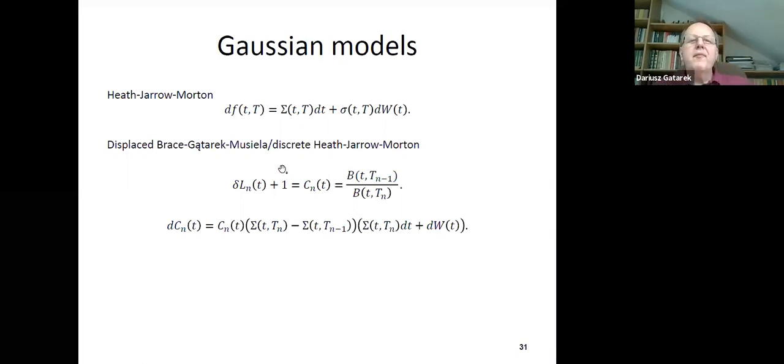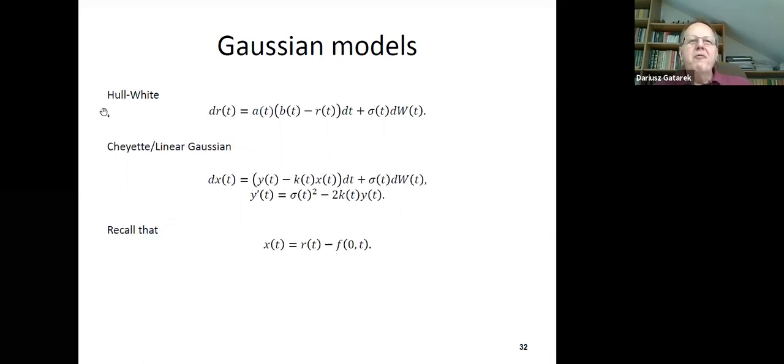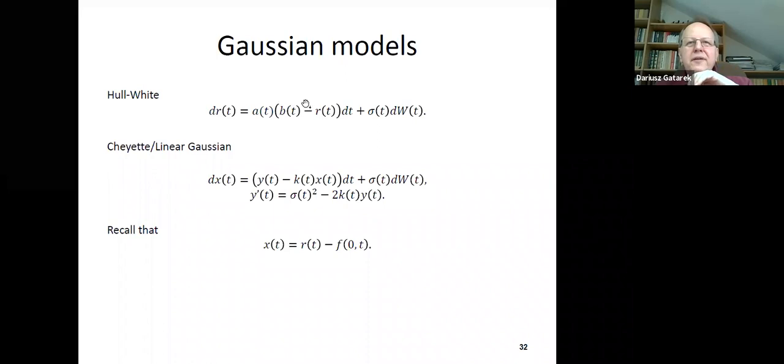Okay, but that's not all. We've got the Hull-White Vasicek model, which is, to my knowledge, still used by several houses in that form, but you see the downside of the model, which is this fitting initial yield curve term.